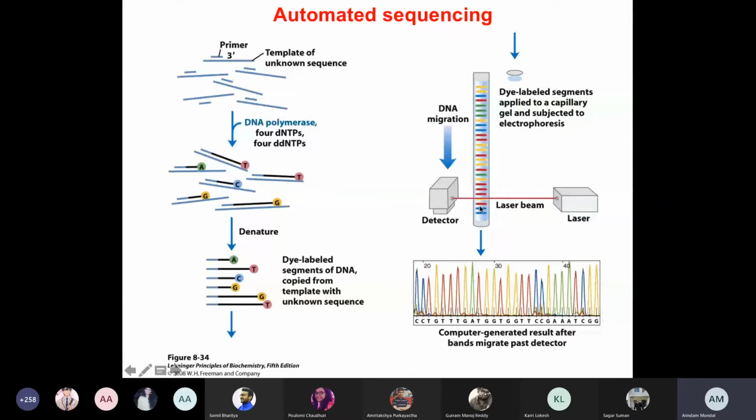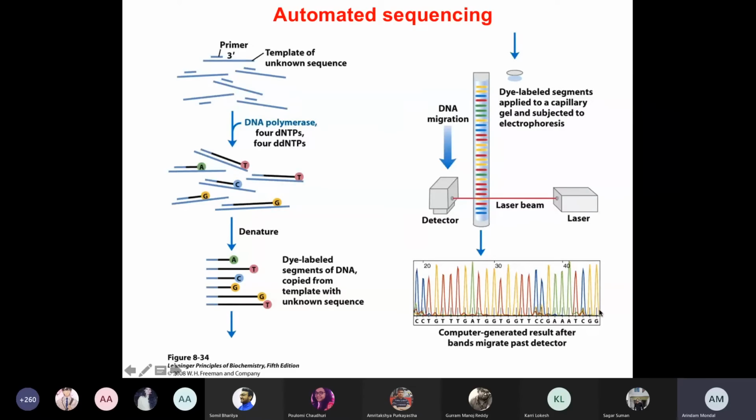Whenever they pass through the laser detector, it will detect the corresponding color and produce a corresponding peak in the chromatogram. If it is a red peak, you will know that the fragment of that size is labeled with T, right? If there is a yellow peak, you will say that the fragment of that length is labeled with G. So the chromatogram will have different peaks corresponding to different fluorophores, and will have different sizes.